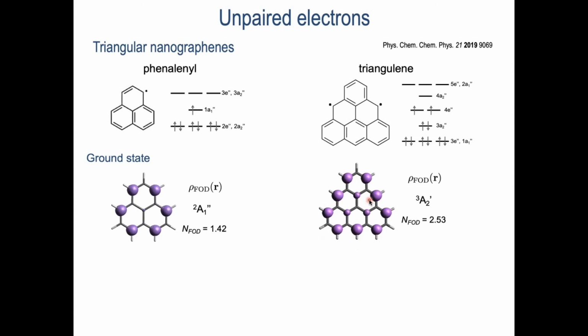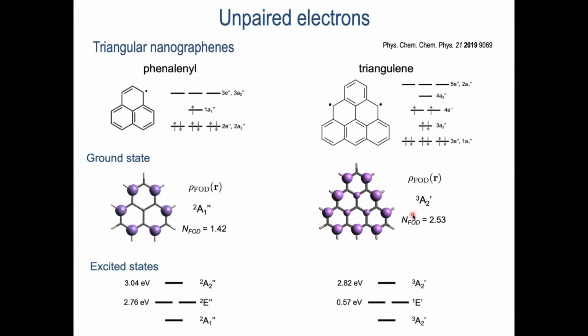And the same thing for triangulene, where now this is a triplet, and this would be the distribution of the unpaired electrons basically at the edges of the molecule, like in the smaller case. And we can also give a number for the unpaired electrons using this metric. As I said, we can do that for the ground state, but we can also do that for any of the excited states that we might compute for these molecules.